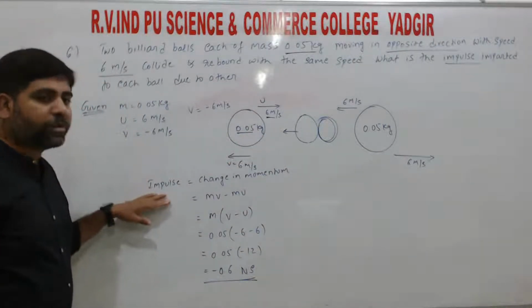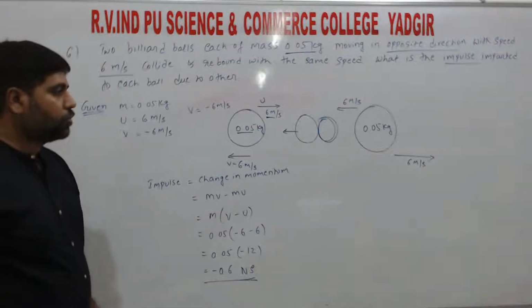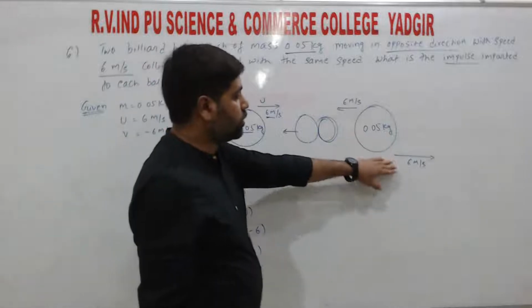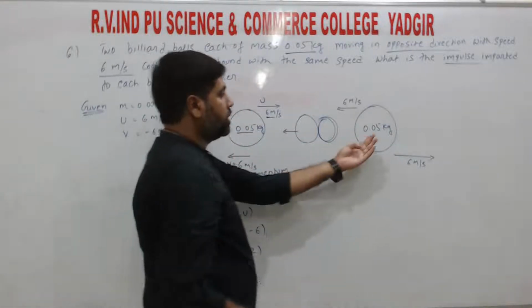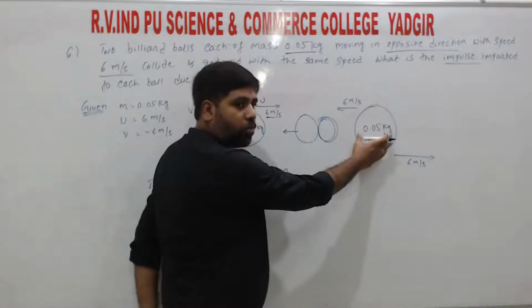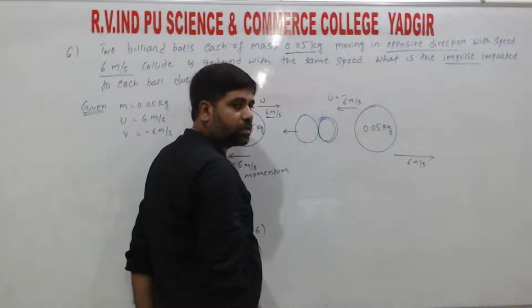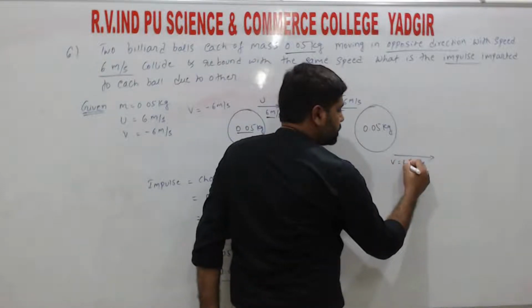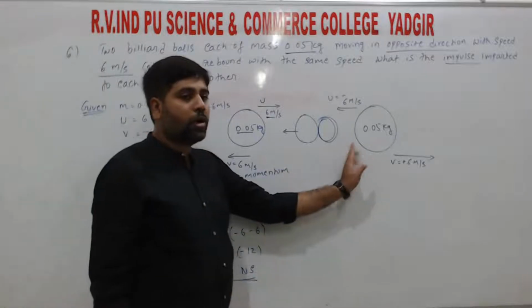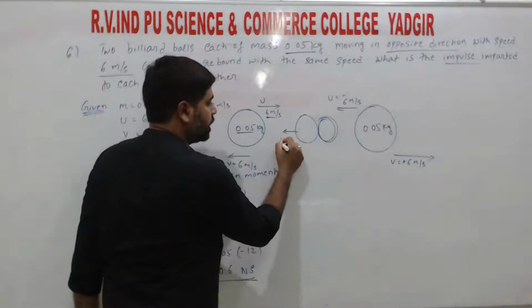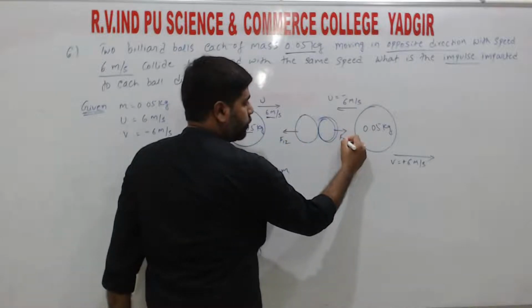With the help of the impulse momentum theorem we can solve it. Since the two billiard balls have the same mass and same velocity, this one is in the minus direction. If you take this billiard ball as the reference, here u is minus 6 meter per second and v is plus 6 meter per second. Here we get a positive value, that means force here F12, here F21.